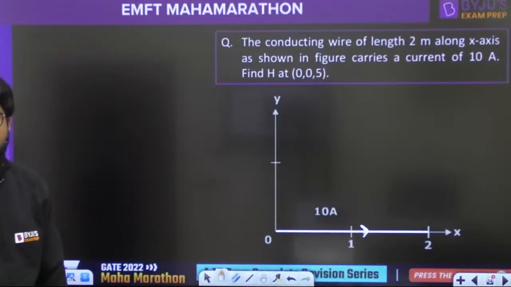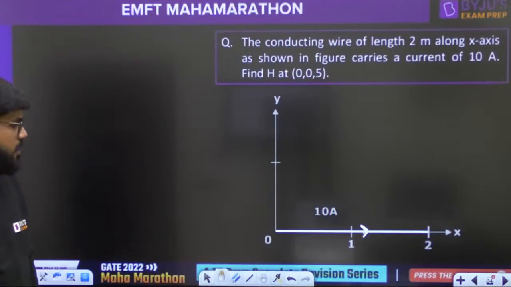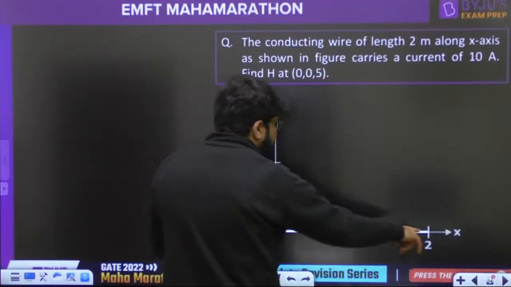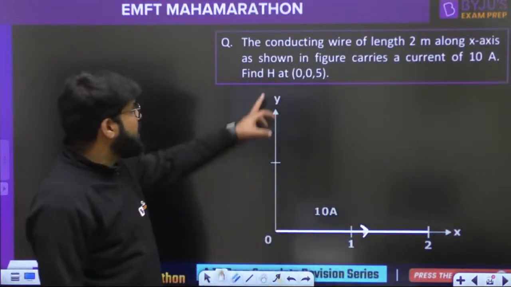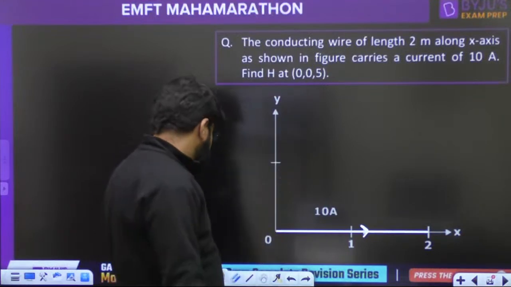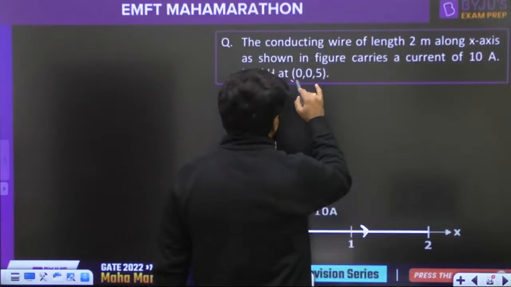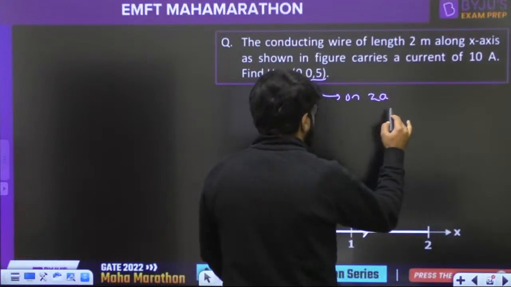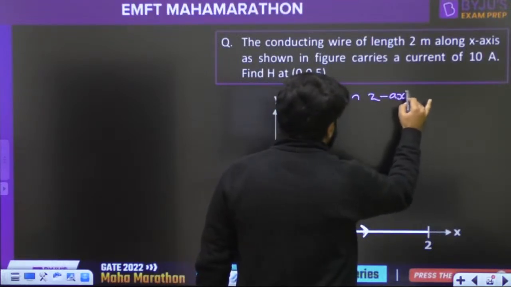Right. There is a current which is 10 ampere flowing in the wire and the length of the wire is 2. We need to find the magnetic field at 0, 0, 5. 0, 0, 5 means this point is on the z-axis. This is a point on the z-axis.